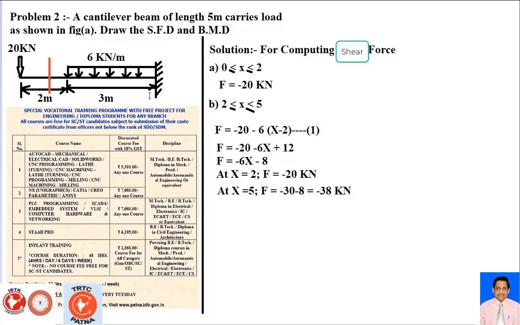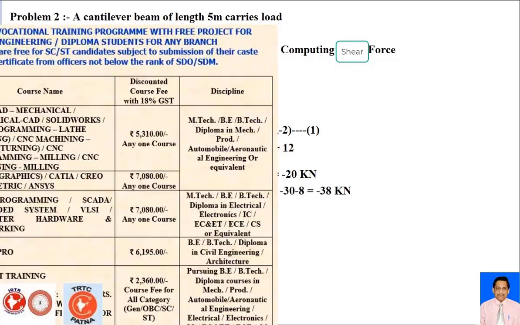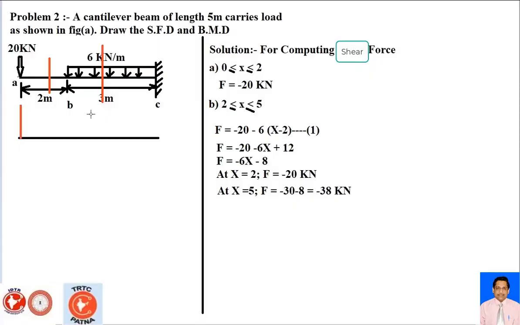So now come to draw the shear force diagram. How to draw here the shear force diagram? Through this process, I compute here the value of force at each point. Suppose I write down here the A, B and C. So here is our A, this point is our B, and here is our C. So just extend this line.